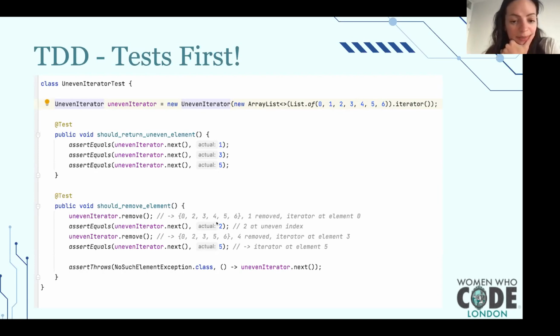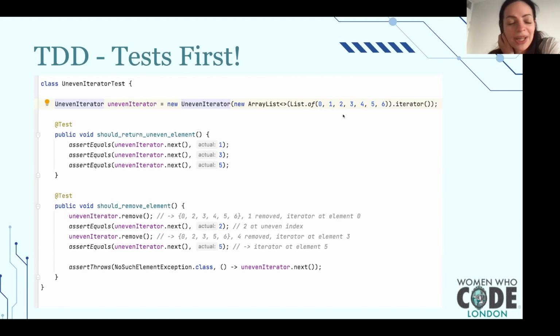So I put the comments here. If you remove, we expect that you removed not the first element, but the second. So you removed 1, and the iterator becomes at the previous step, so it's at element 1. Now if we want to go next, we do again 2 steps.